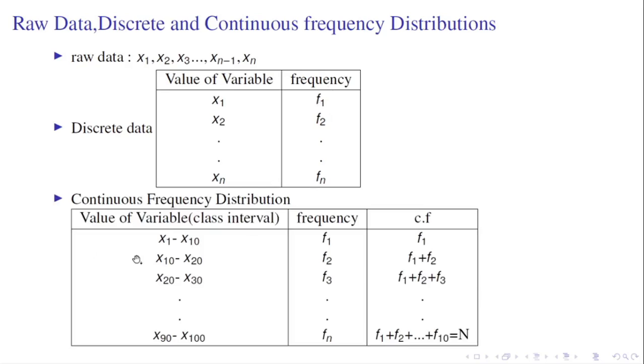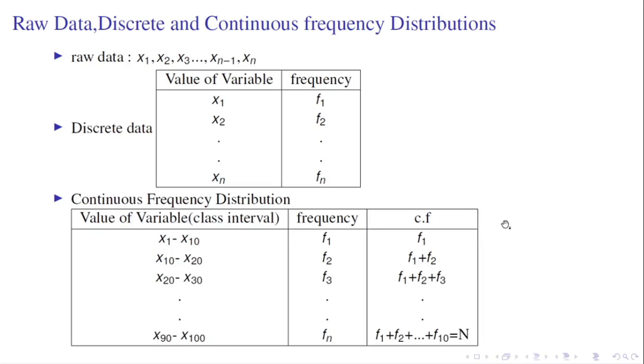And we arrange the raw data in the form of class intervals and tally marks, and this is cumulative frequency. This cumulative frequency is calculated as f1, f1 plus f2, f1 plus f2 plus f3, up to fn. Total frequency must be equal to sigma fi, that is equal to capital N.